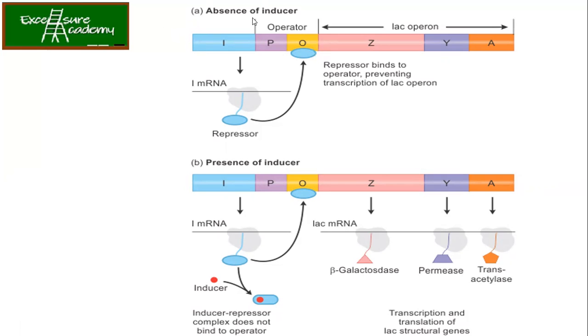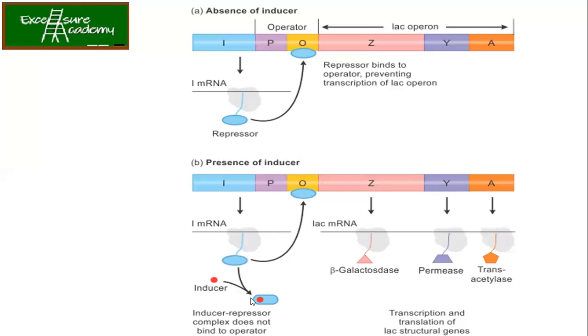Now in the absence of inducer, there is no lactose, there is no allolactose. What is happening? The repressor mRNA has been synthesized, so the repressor goes and binds with the operator. There is no lac operon activation, meaning transcription is not happening, because there is no lactose or allolactose. Now in the presence of the inducer, allolactose will bind to the repressor.